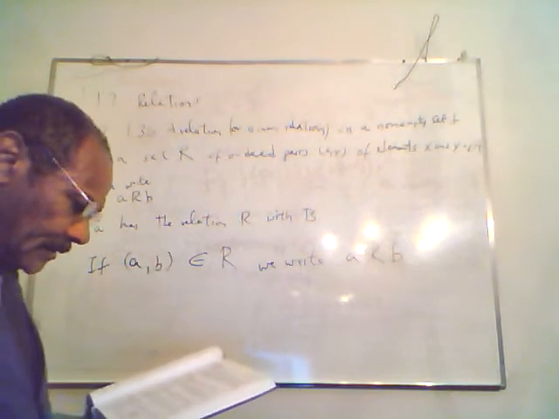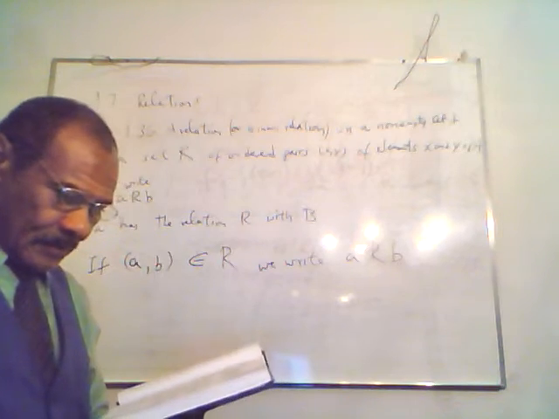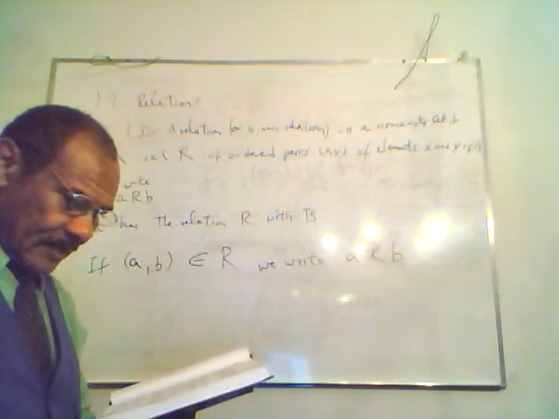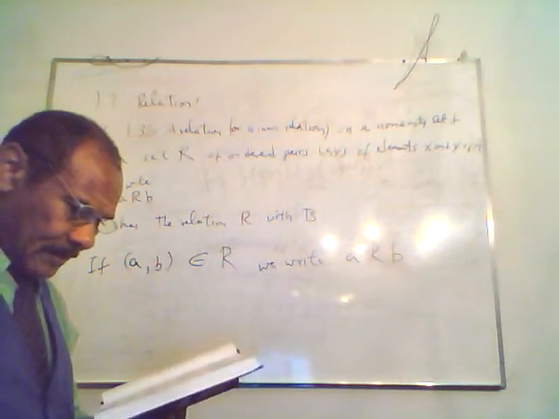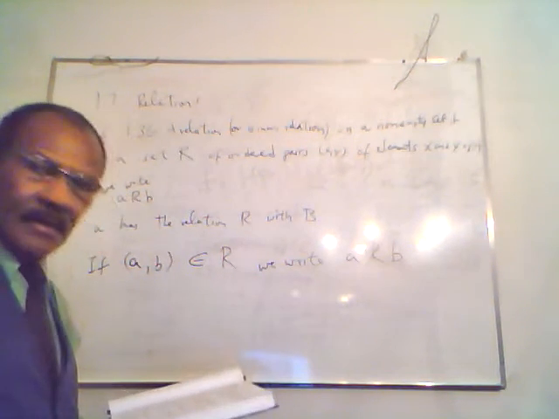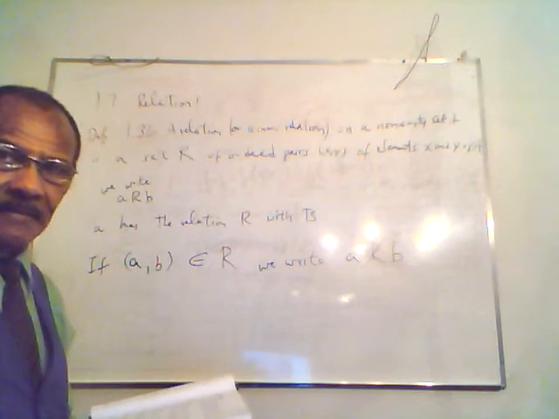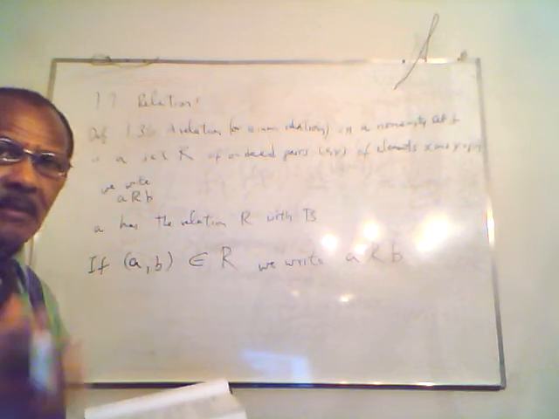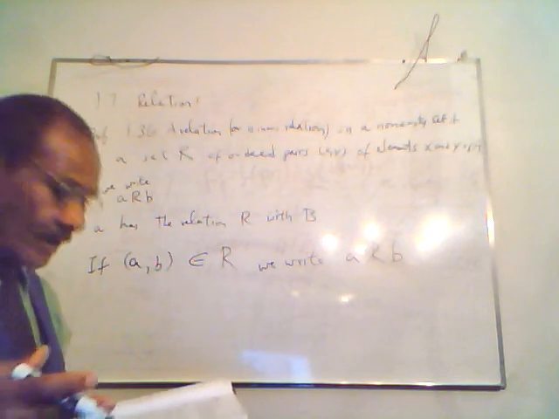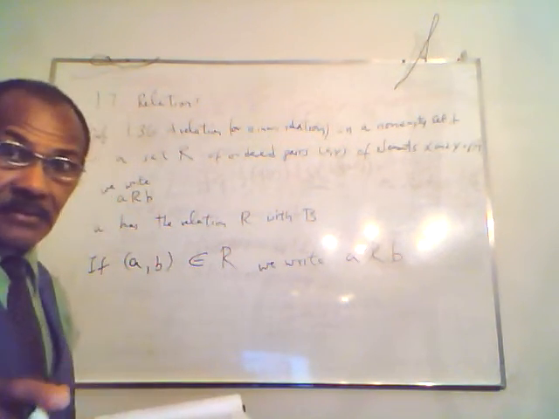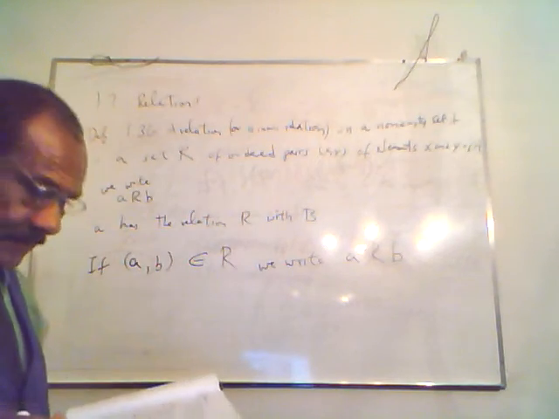This notation agrees with the customary notation for relations, such as a equals b, and a is less than b. What you think of as the equality relation and the less than relation.